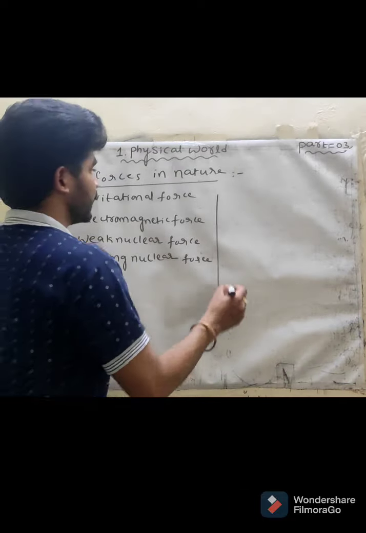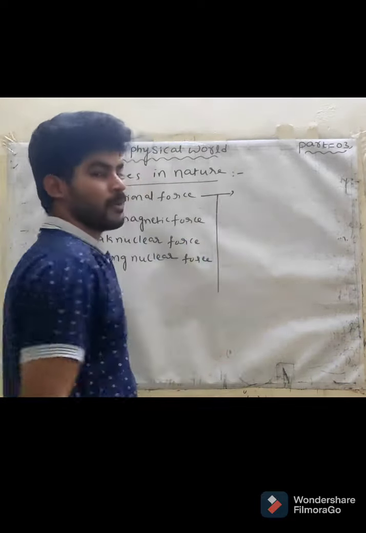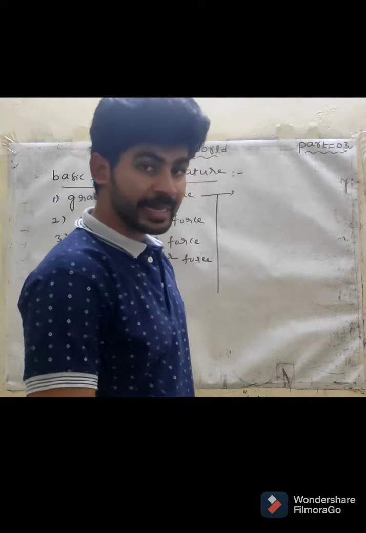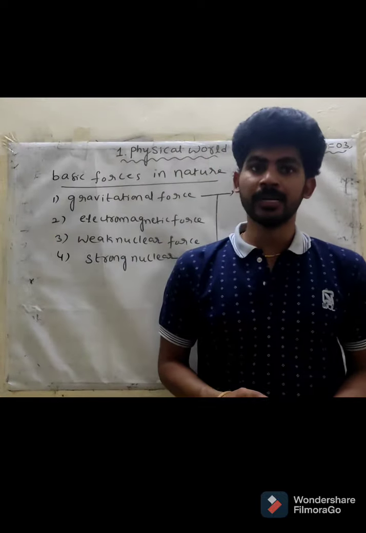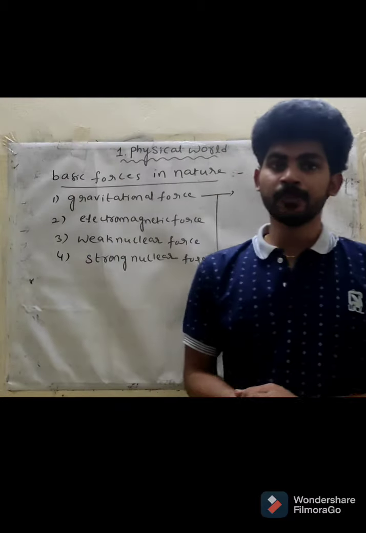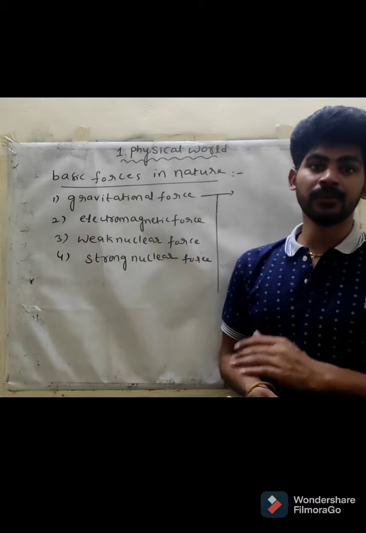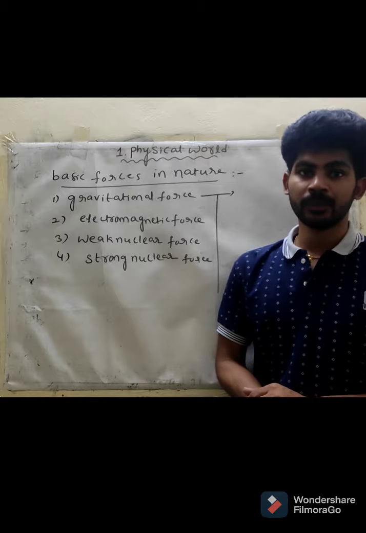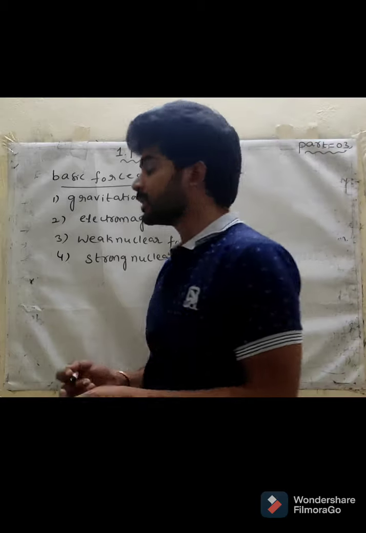First one is the gravitational force. I am standing on the floor now. What is the reason? Because of gravitational force. Any object is placed on the surface of the earth because of the gravitational force of the earth. What is the gravitational force on the earth?